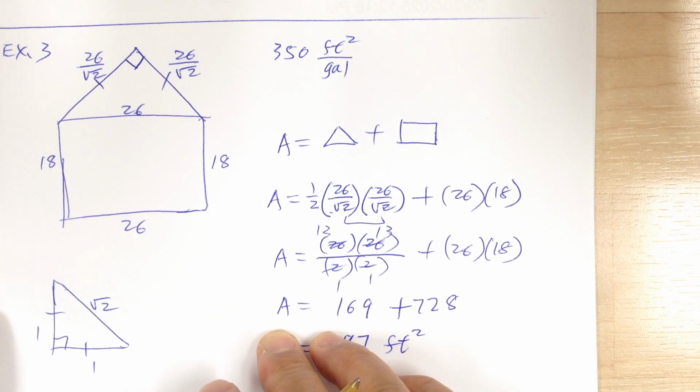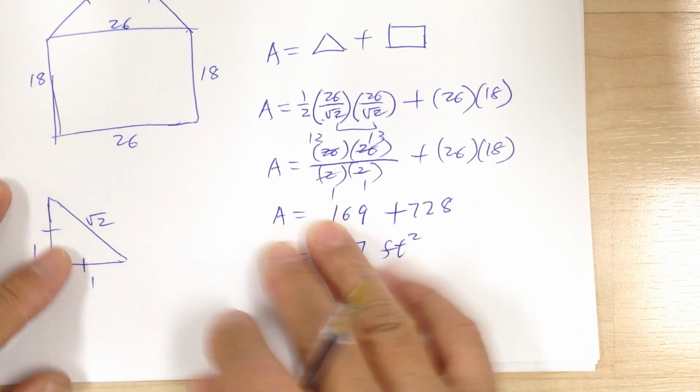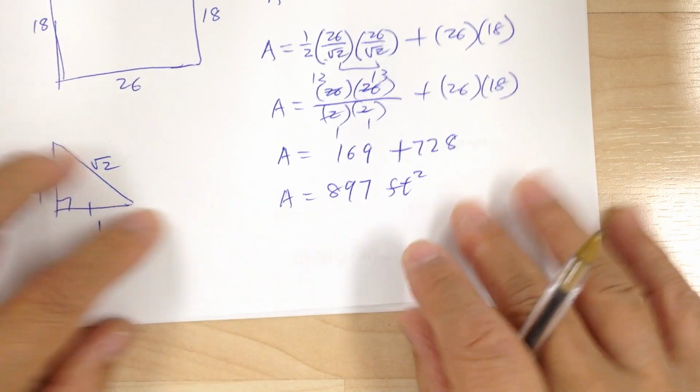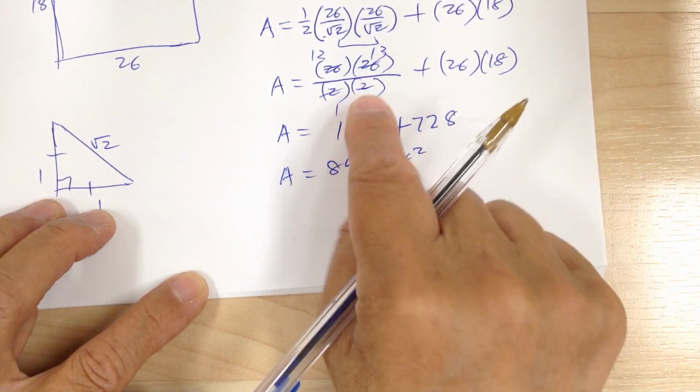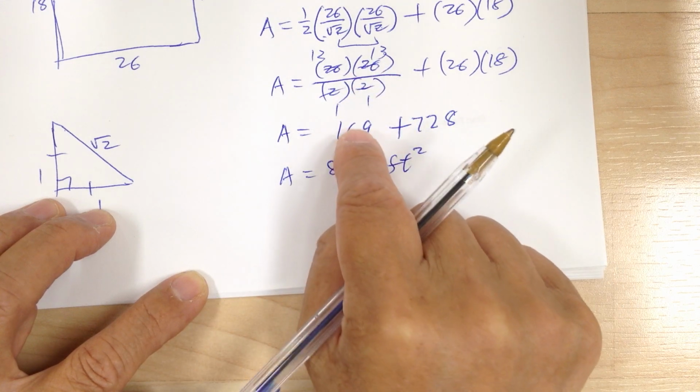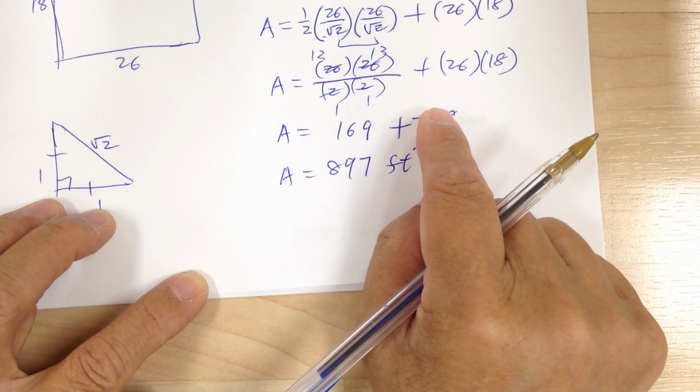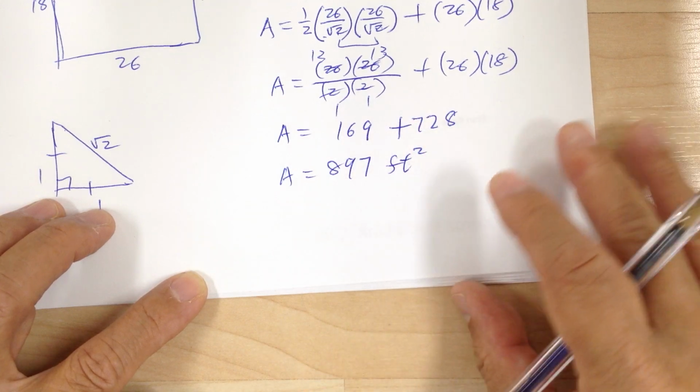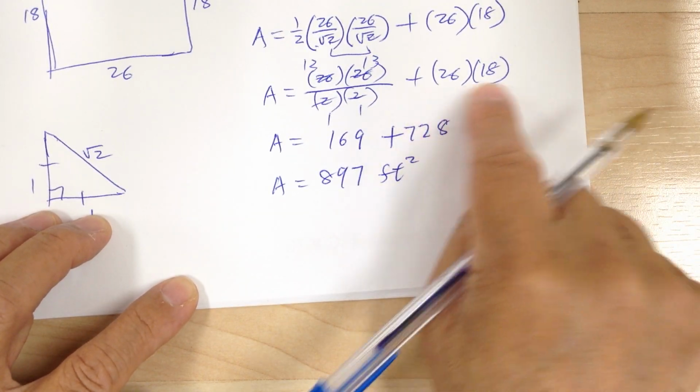Okay, I think the answer in the book is not correct. In the book, the area is given as 637, and it cannot be because of 26 times 18.